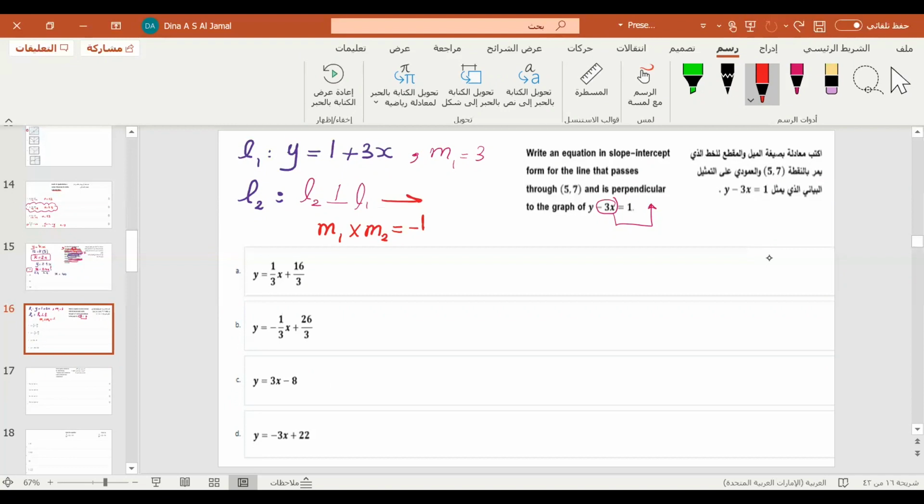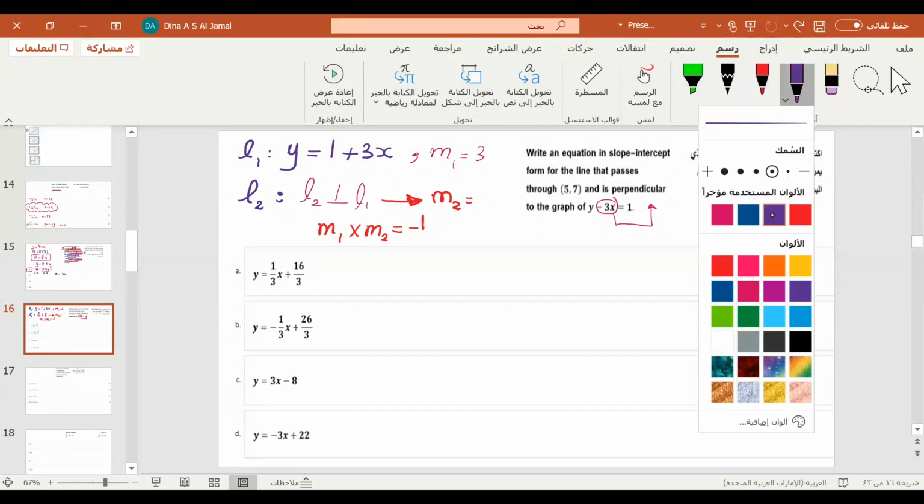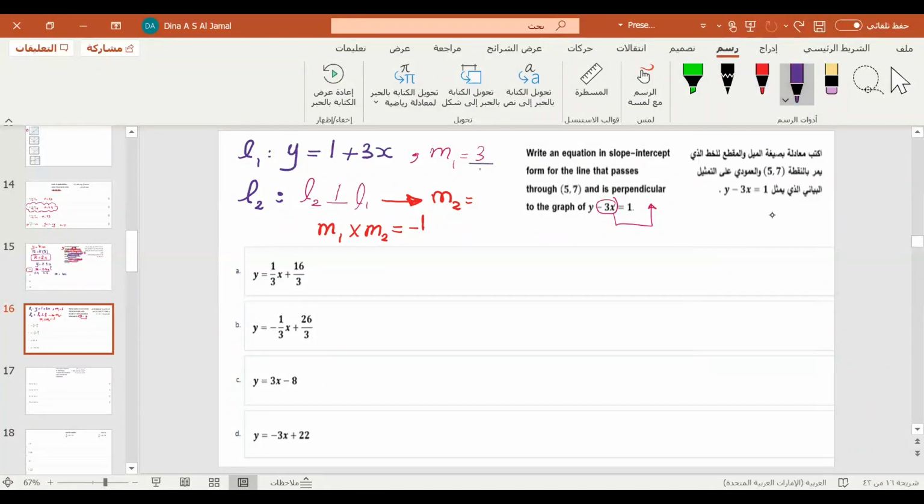So now I need to get M2, in which if I multiply it with M1, I will be getting minus 1. So always flip and take the opposite sign. So it will be 1 over 3 with minus. So this is M2.